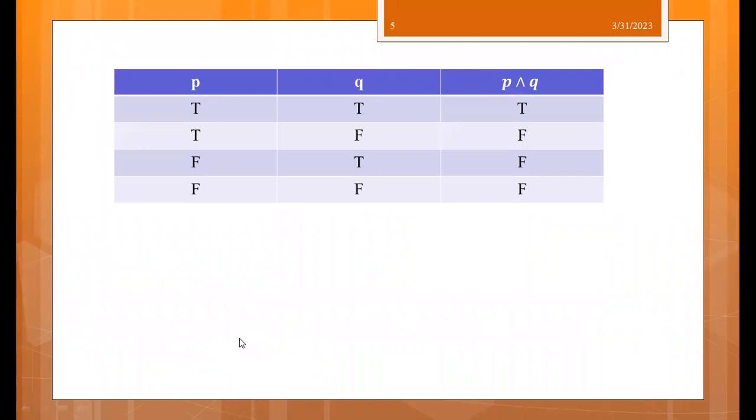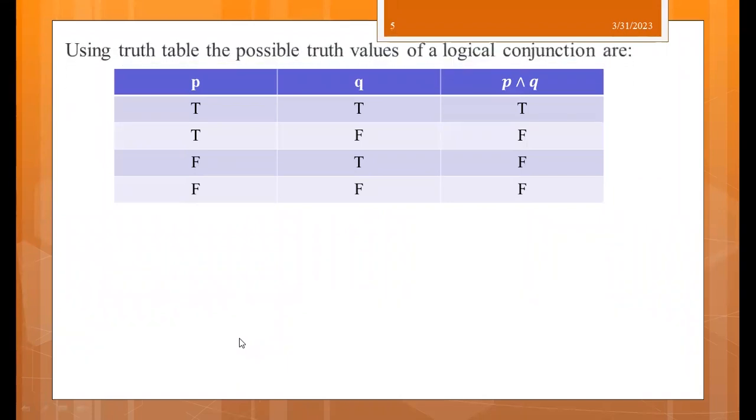So the possible truth values of the logical conjunction, using the truth table: the component statements are P and Q. If these two simple statements are connected using "and", we have this logical conjunction. The possible truth values for the component statements are: both true; the first true and the second false; the first false and the second true; or both P and Q false at the same time.